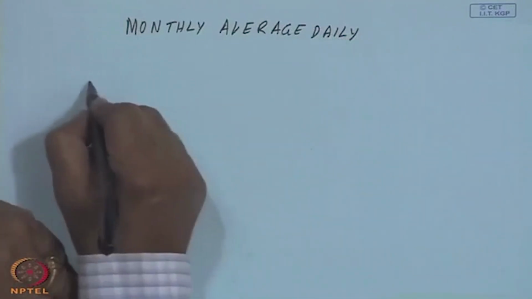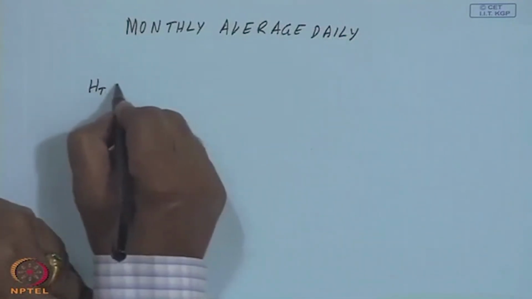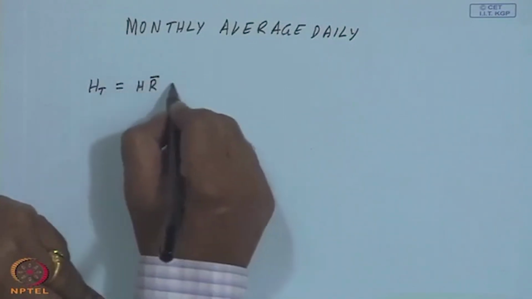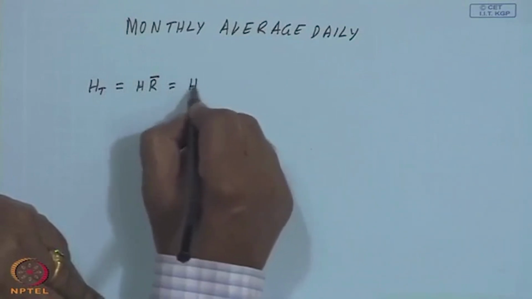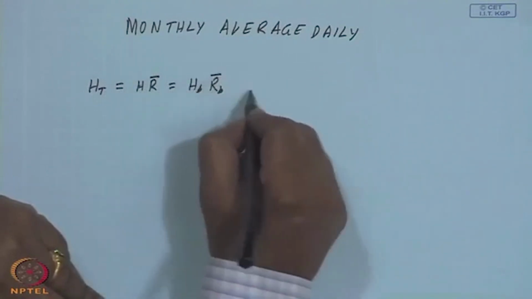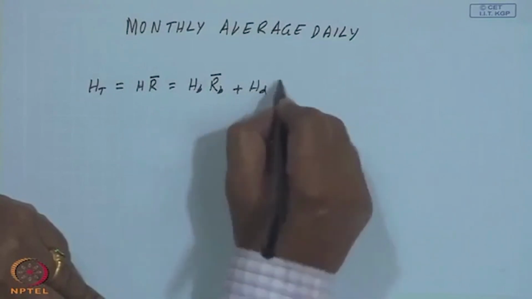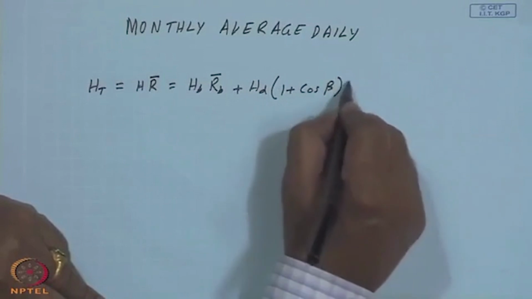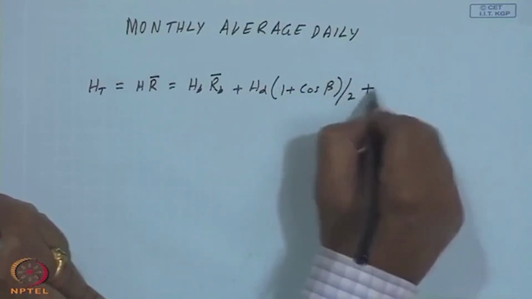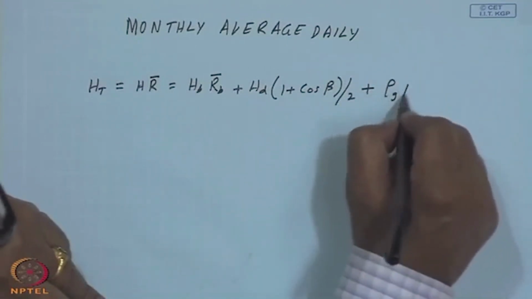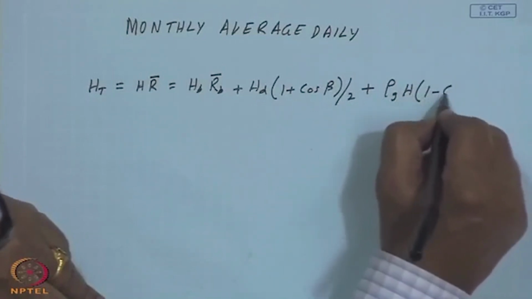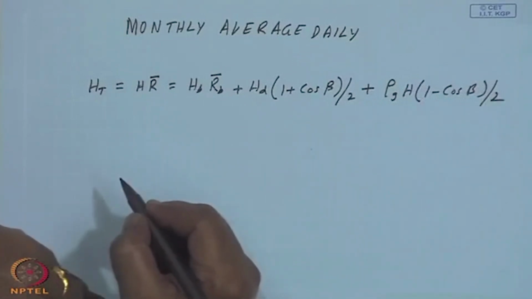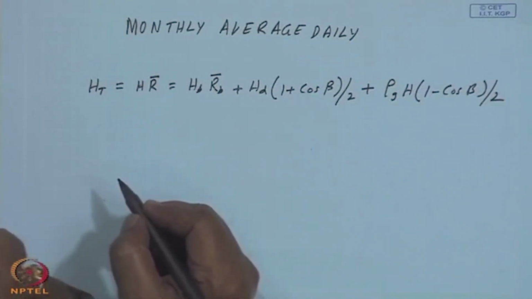So, if you recall, the tilted radiation on a surface on an average day is given by this equation, where Hb is the beam component of the radiation and Hd the diffuse component of the radiation, and rho g the ground reflectivity, beta is the tilt of the surface.